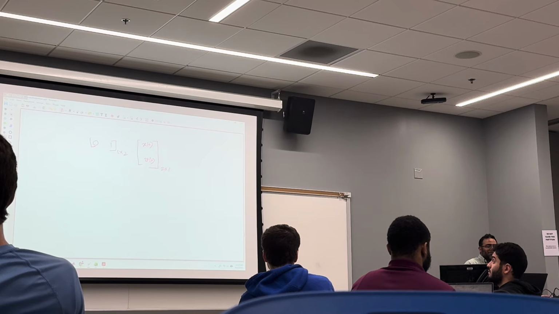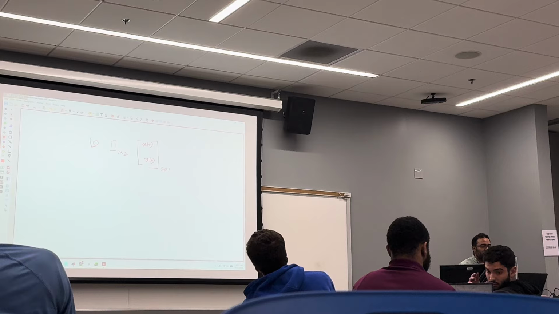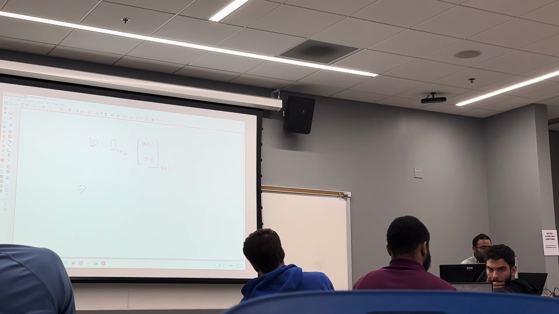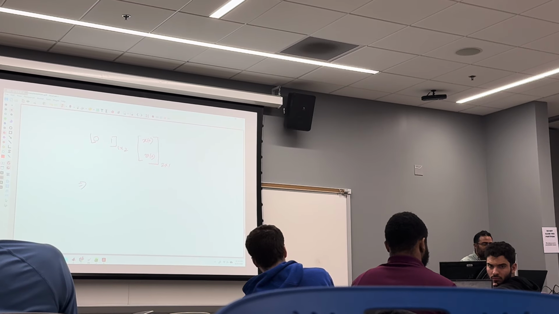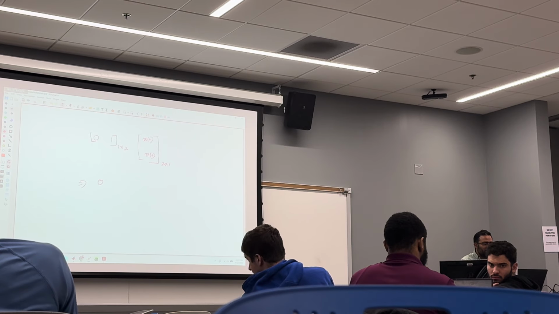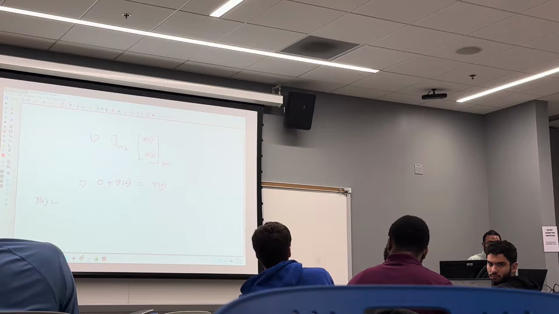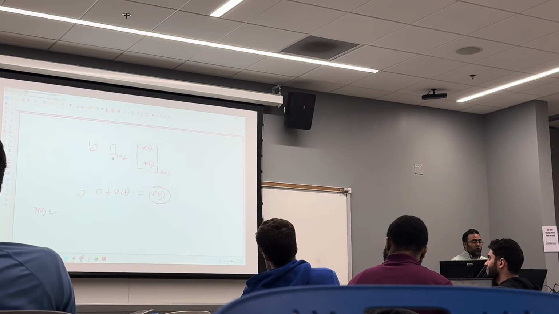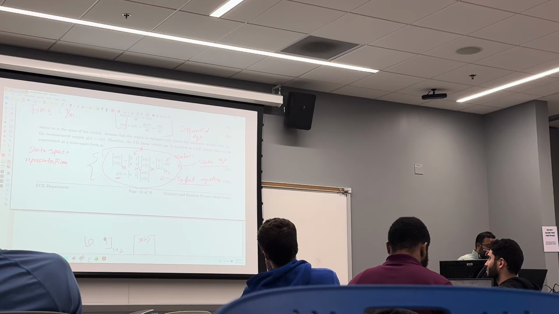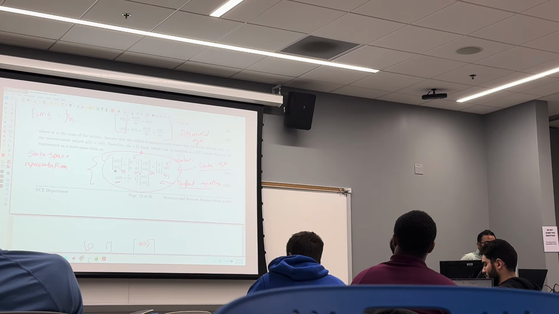So now you can do the matrix multiplication. First row, first column: 0 times x becomes 0, plus 1 times v becomes v_t. So your output y_t is basically the measurement, the noisy measurement that you get right from here. That's why I put this as an output equation. We just get the noisy measurement v.